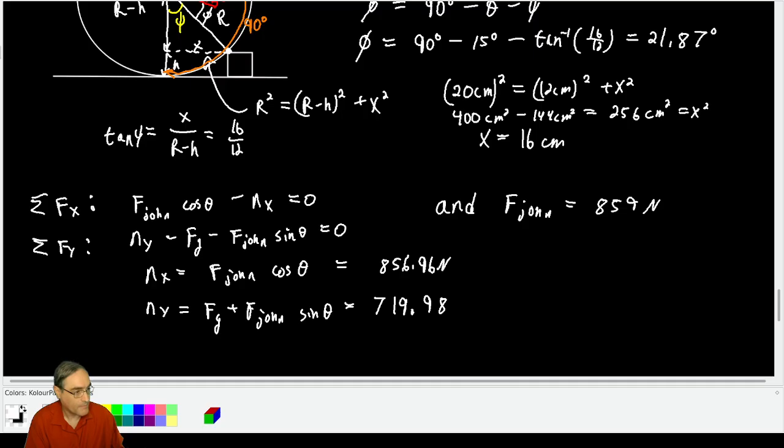Okay. Yep, that seems reasonable. All right, so n is going to be the square root of nx squared plus ny squared. So 856.96 squared plus 719.98 squared. Take the square root.